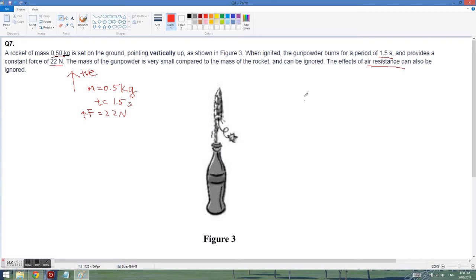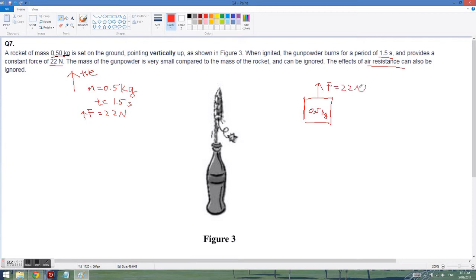The idea is, let's draw a diagram. If the rocket is here, the mass is 0.5 kilogram. Now we have an upward force of 22 newtons.